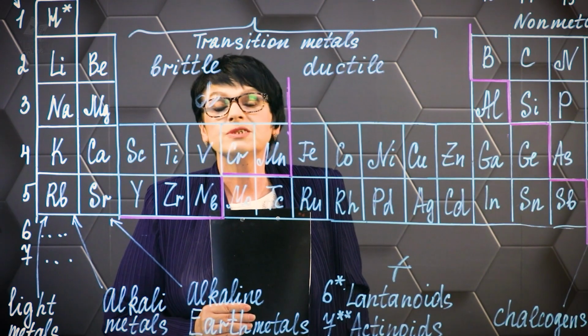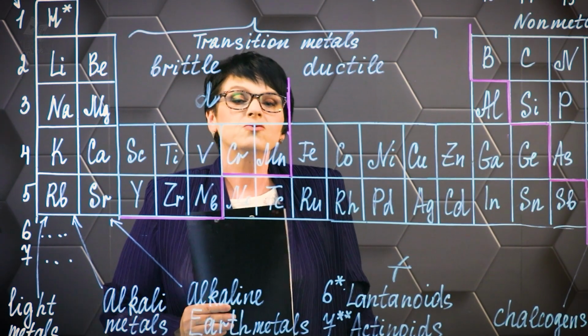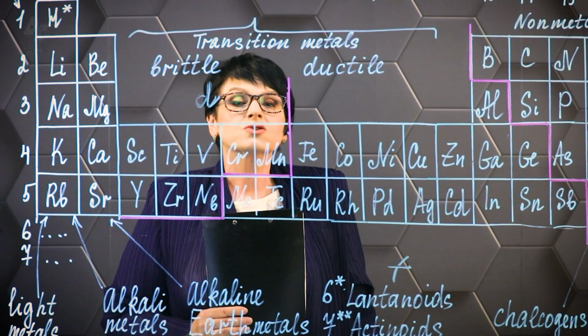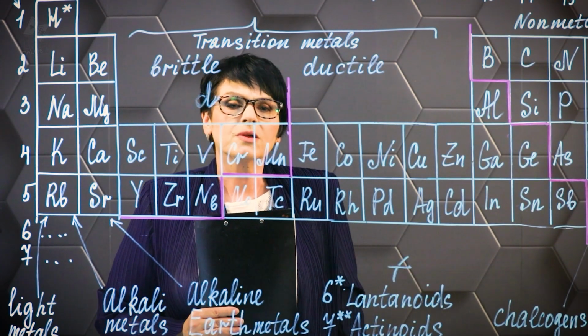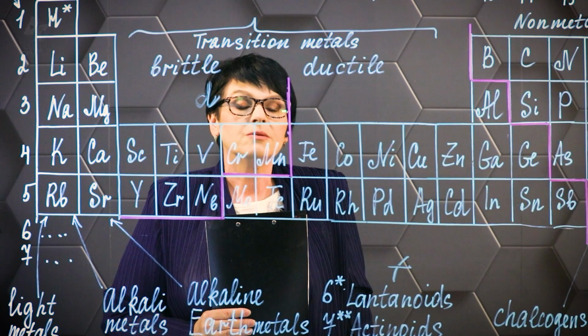So the Mendeleev table has an unqualified merit in that you can predict what properties certain elements of the periodic table will have, even without having yet obtained such an element at all.